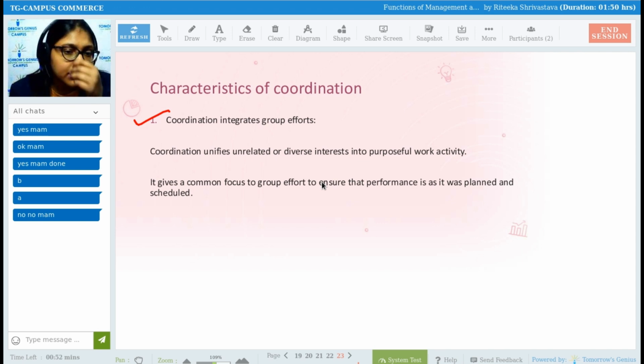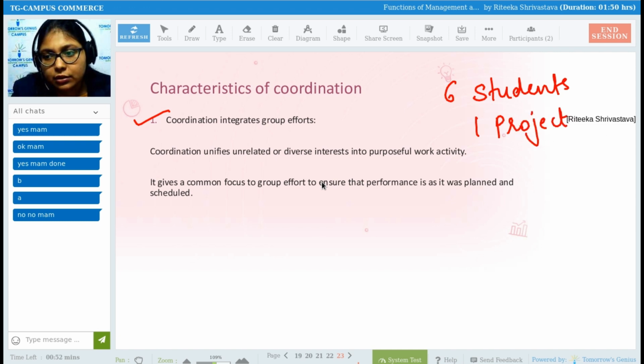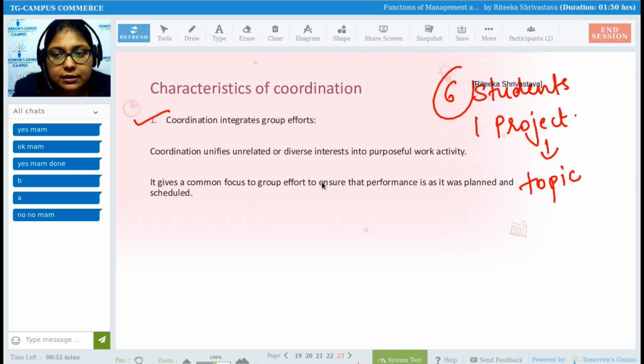For example, in your class, the teacher will take out 6 students. There will be a group of 6 students and one project will be given by the teacher, one project and one topic. Now these 6 students are going to work together and present that project in front of the entire class.